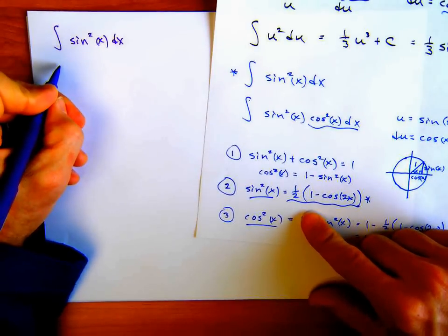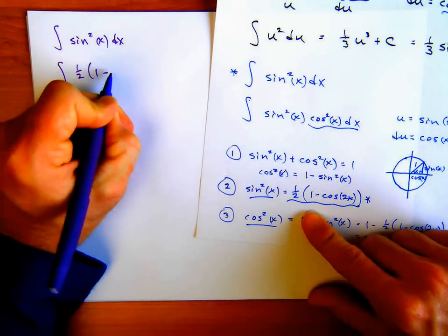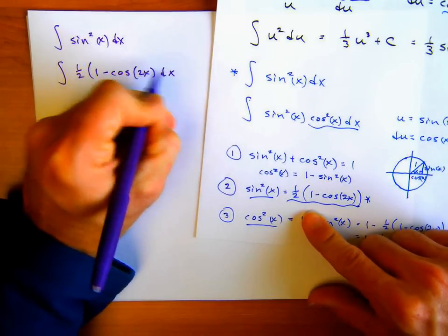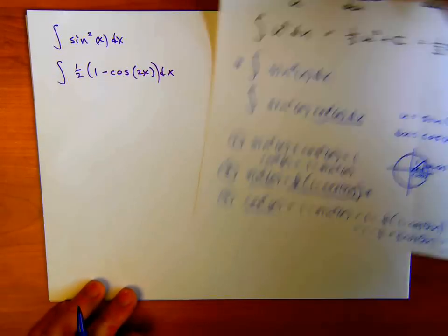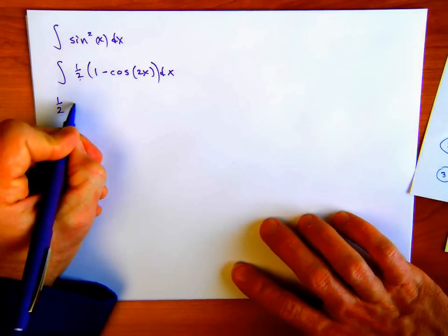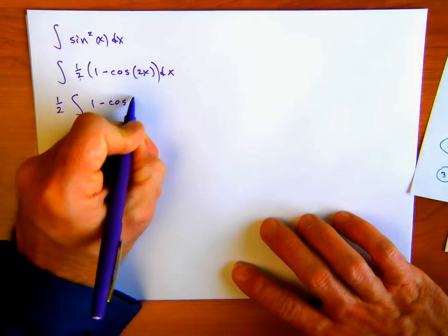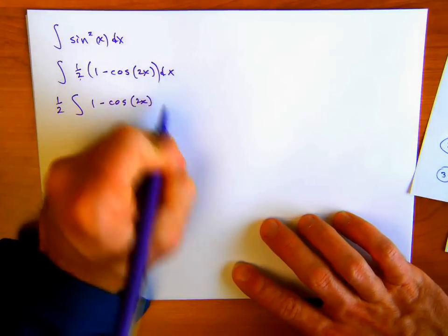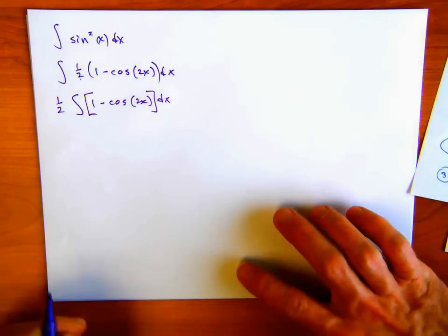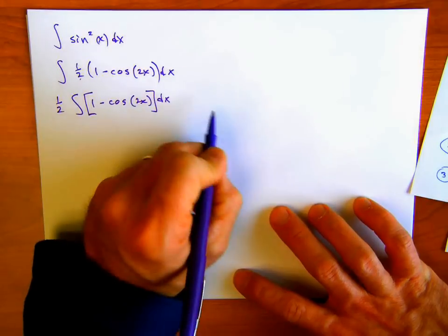So instead of that, I'm going to rewrite this as 1/2 times 1 minus cosine of 2x dx. All right, now this constant can come out front, so that's the first thing, and we're just left with the integral of 1 minus cosine 2x dx, that whole thing. Well, we already know how to do this, right? So here's where the substitution is helping us already.